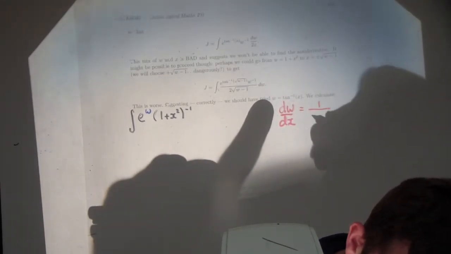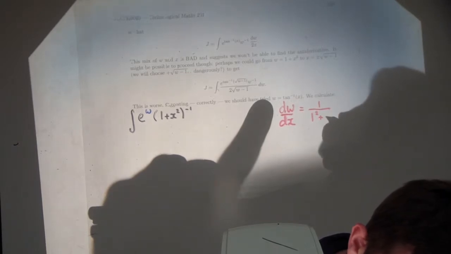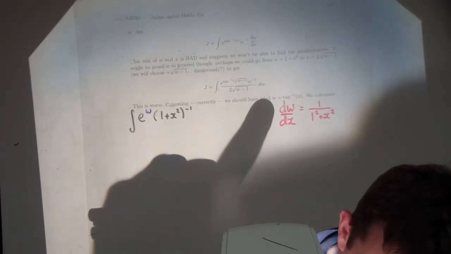It's 1 over 1 squared plus x squared. In other words, 1 over 1 plus x squared. We are trying to solve this for dx. Actually, the other thing I can say is, as w substitutions go, this one's nasty.